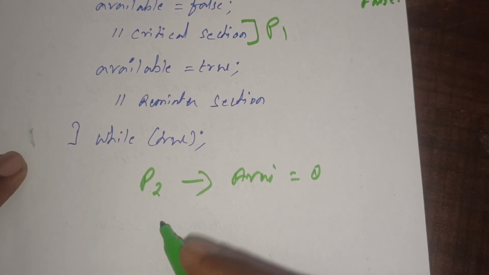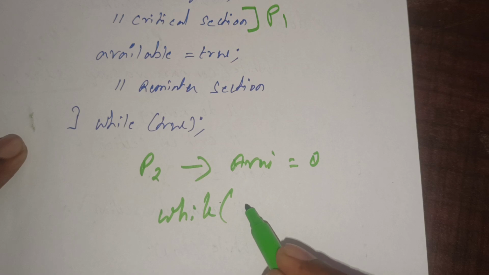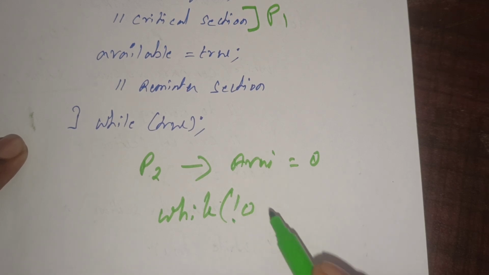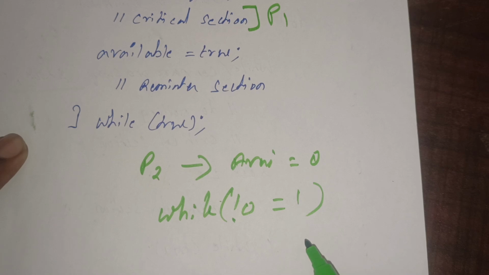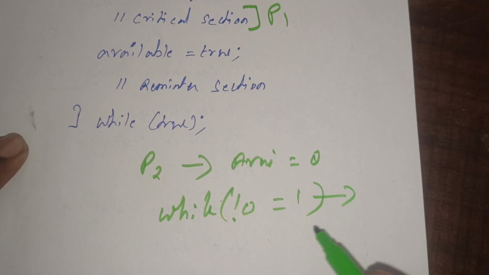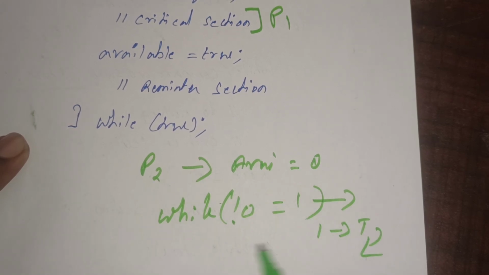Now what happens? While not of available, that is not of 0. What is not of 0? Not of 0 is equal to 1, right? This condition being 1 means it is true. True means this particular loop cannot be broken, right?